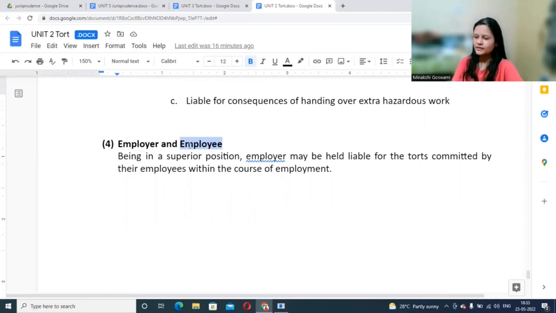Like mostly we see, if you are ordering something online, it might be that while delivering the item, the package was broken or got damaged in the rain. It was a mistake on the part of the employee, who did not carry it properly. But we do not make the employee liable. We directly call that online platform and tell them what has happened.